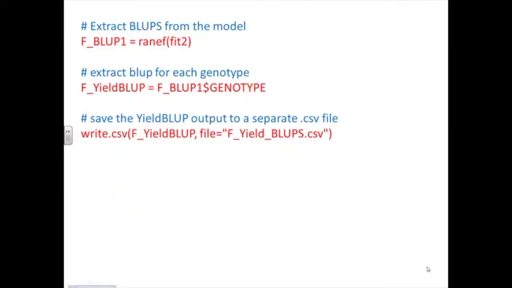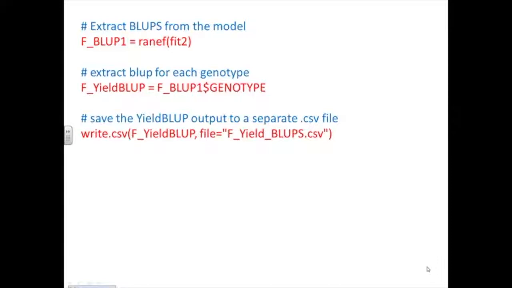The next step then is to extract the random effects from fit 2, right? And we're assigning that to an object, f_1. Okay, and then from f_1 we're extracting only the random effects for genotype, right? You could probably do this in one step, but I've done it in two.